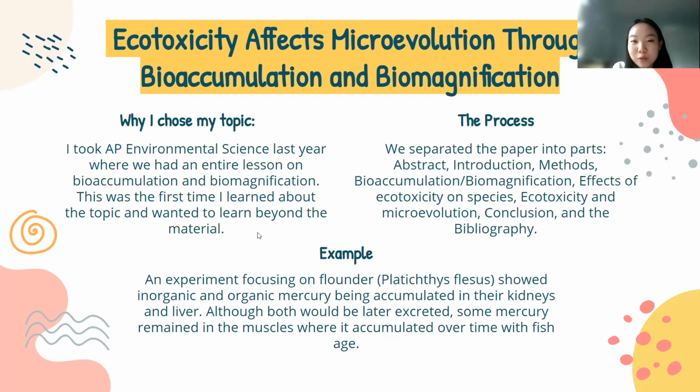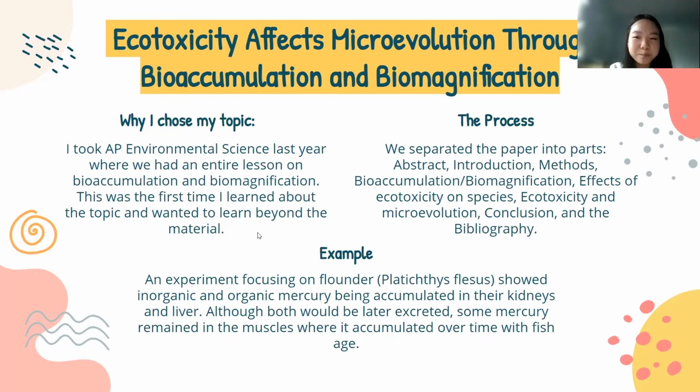So this is where we defined bioaccumulation and biomagnification, ecotoxicity, and microevolution, just so we get a ground basic idea of what these terms are, since it might be new to someone who's reading the paper and they don't know what it is. After that, we talked about the introduction.